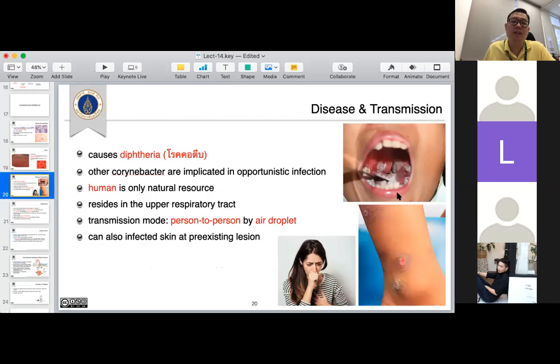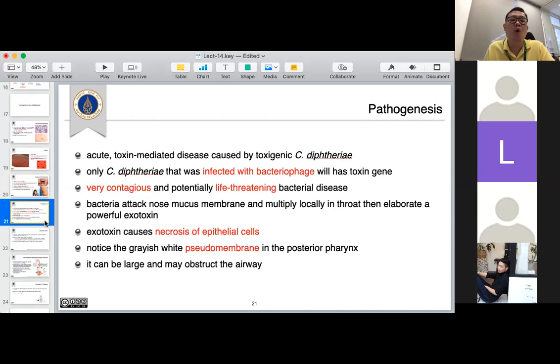Bacterial infection on the throat makes the epithelial cells on the throat die by necrosis, and the bacteria produce a white patch on the throat we call pseudomembrane.